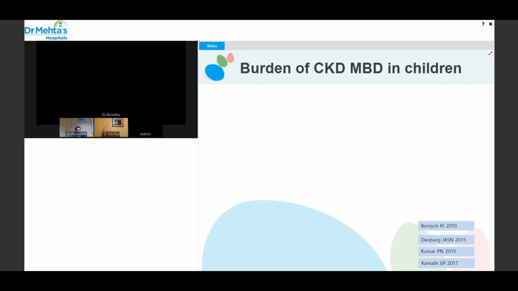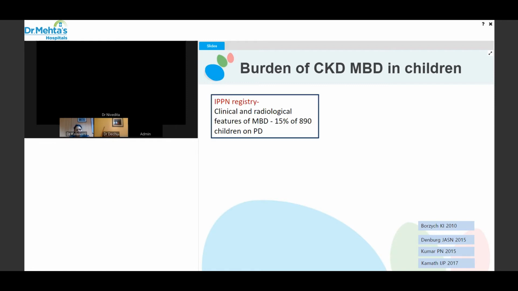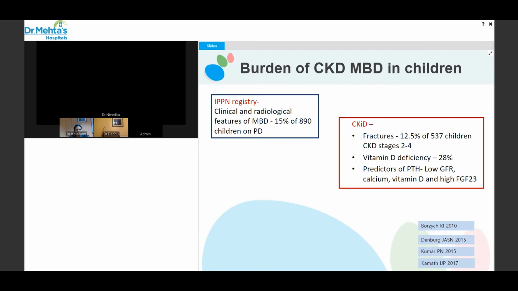So what really is the burden of CKD MBD in children? The IPPN registry of pediatric peritoneal dialysis says that clinical and radiological features of mineral bone disease can be seen in about 15% of children on peritoneal dialysis. The CKiD study said that fractures are seen in about 12.5% of non-dialysis CKD.